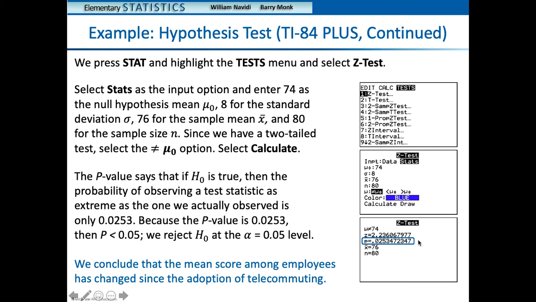The p-value is circled here because that's really the most important number that you'll want to look at, because that's the number that you'll then compare to your value of alpha to reject the null hypothesis, right? So z-test is what you'll use to do hypothesis testing of the type that we're looking at in this section.